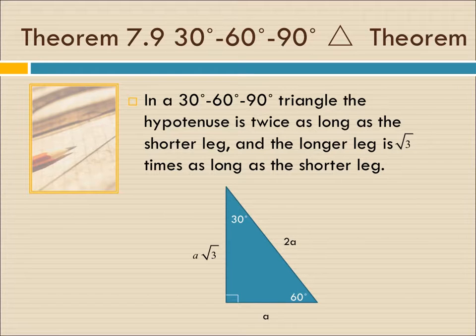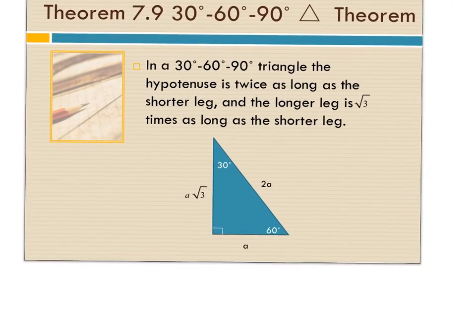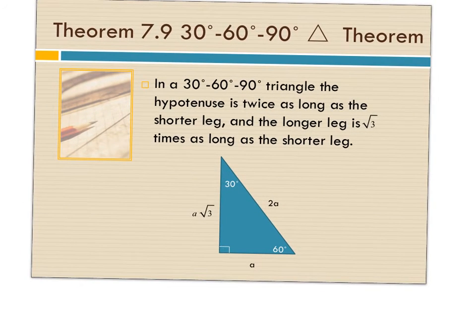And the relationship here is opposite the 30 is your A. So you're going to locate your 30-degree angle, and opposite goes your A. Opposite the 60 degrees is A times the square root of 3.